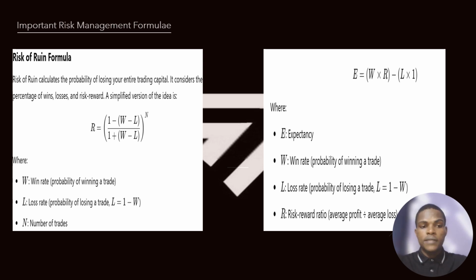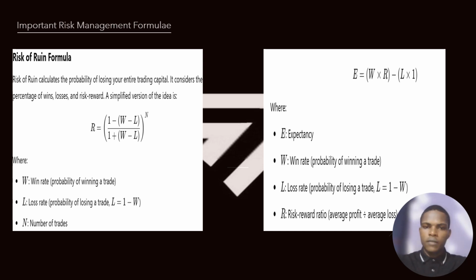W stands for win rate, which you calculate as your wins over your total number of trades. Your loss rate is L, your losses over total number of trades, and then you input that into this formula, along with your number of trades. It tells you the probability that you can blow your account, or whether you are on the path to profitability. This is what this formula does for you.